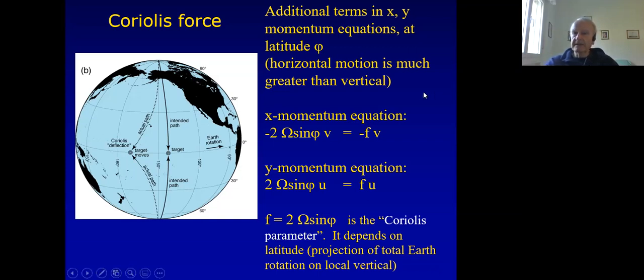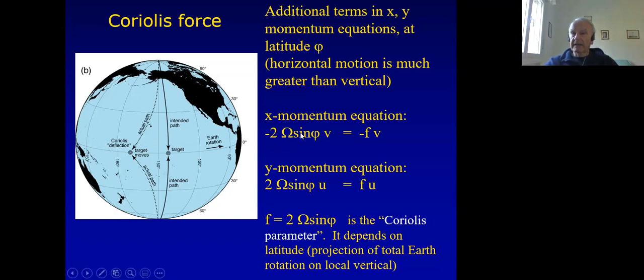And so in the momentum equation we have these two terms. In the x component, the momentum equation is this thing, and in y is this thing here. Here, 2 omega sine phi is the Coriolis parameter, which depends on the latitude, the projection of total Earth rotation on the local vertical. So this Coriolis parameter, as you can see, is a function of the latitude.